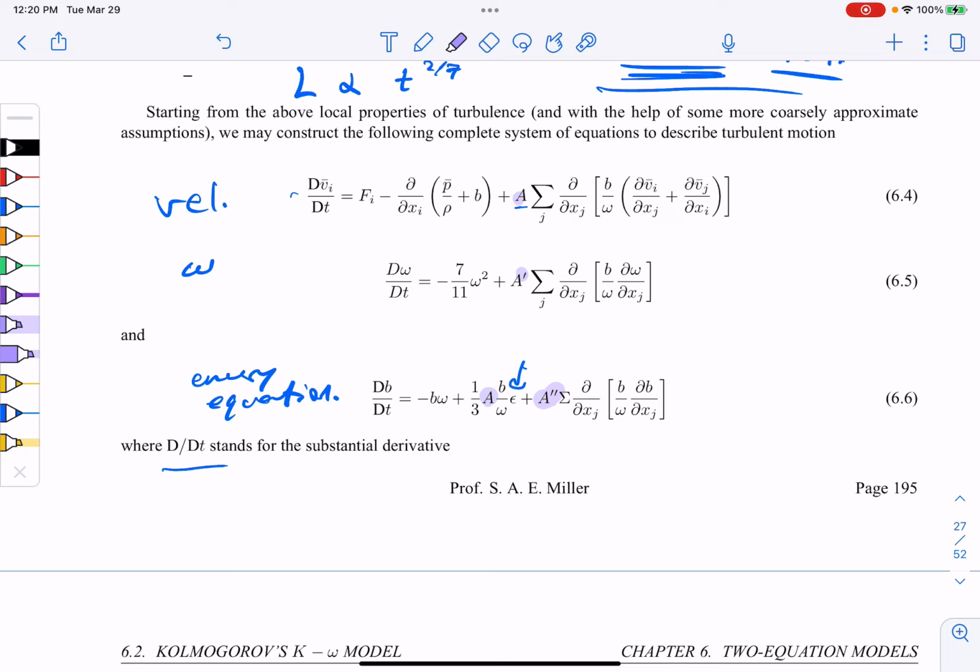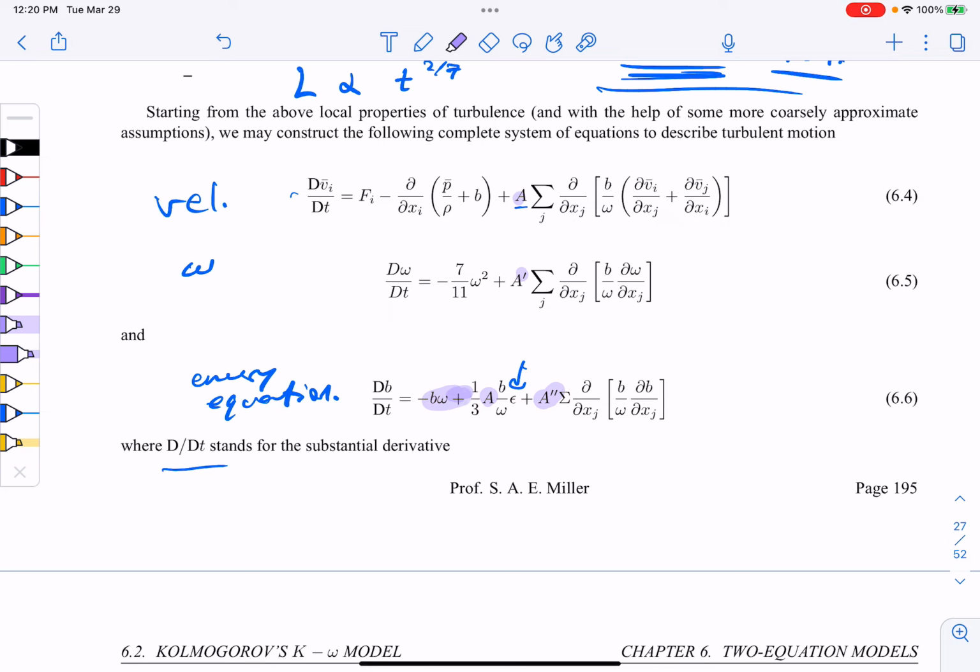Practically, you would determine them by calibrating with measurement. You would program this with your finite difference solver, perhaps a nonlinear solver, drive towards steady solutions, and you'd have to somehow optimize A prime and A double prime, which can be difficult.